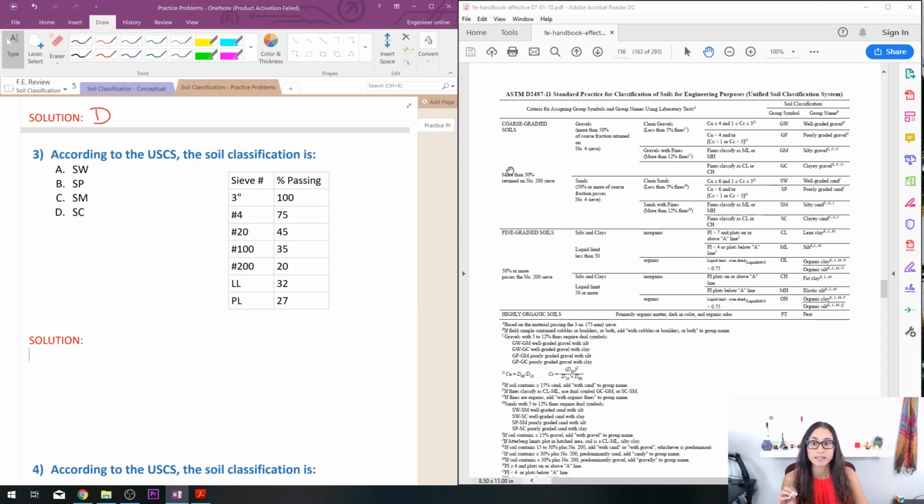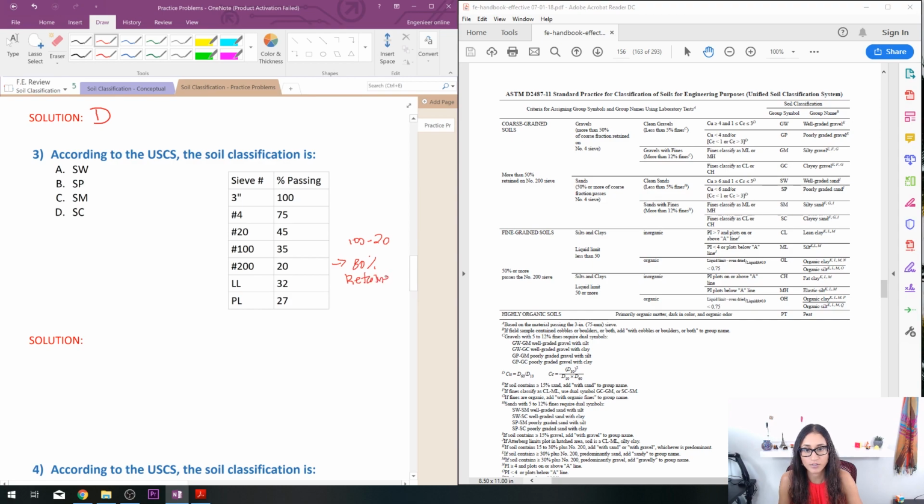Okay, so let's look at our 200. For our number 200 sieve, we have 20% passing, which also means 80% is retained. So I have more than 50% retained, right? Let me write it down so it's clear. I just did 100 minus 20, because if 20% passed, that means 80% was retained.